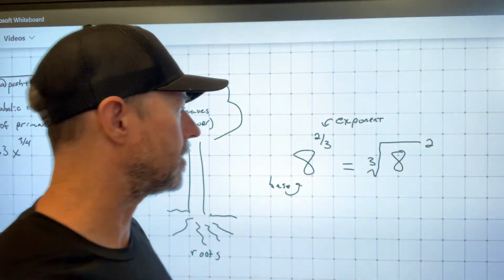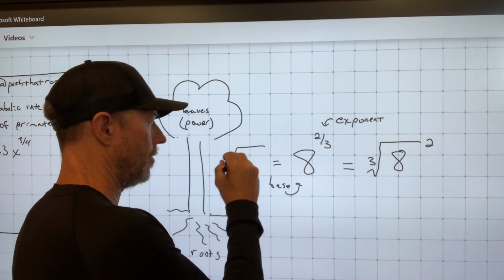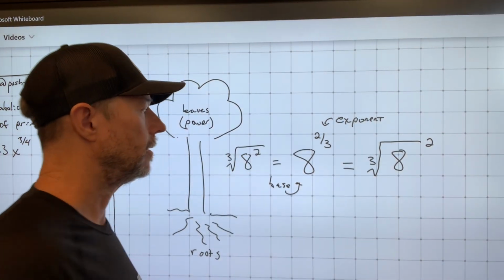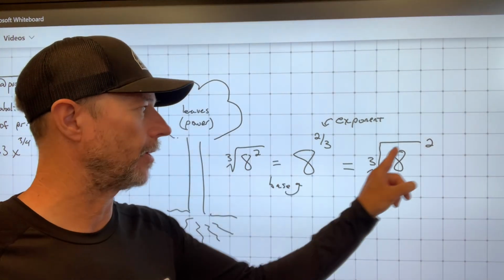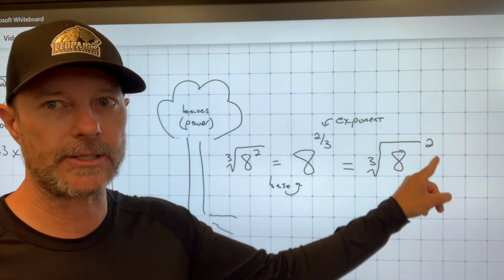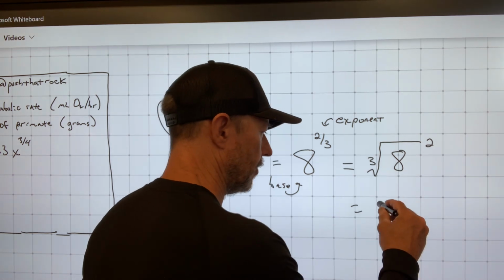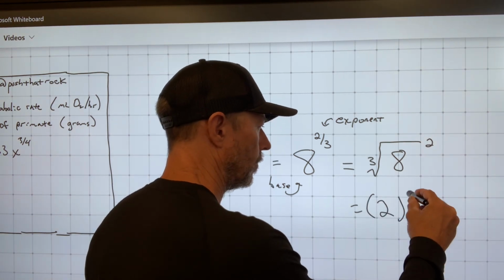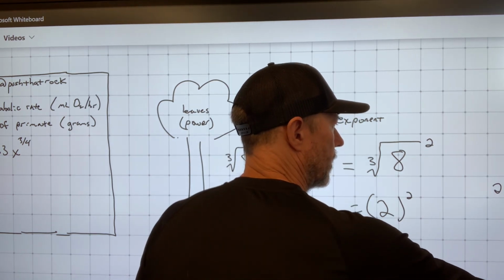Now, I could have written it this way as well. They're equivalent. So the power of 2 can go here or out there. In this case, it's easier to take the cubed root of 8 and then square. So I'm going to do it in that order. The cubed root of 8 is 2, because 2 times 2 times 2 is equal to 8.